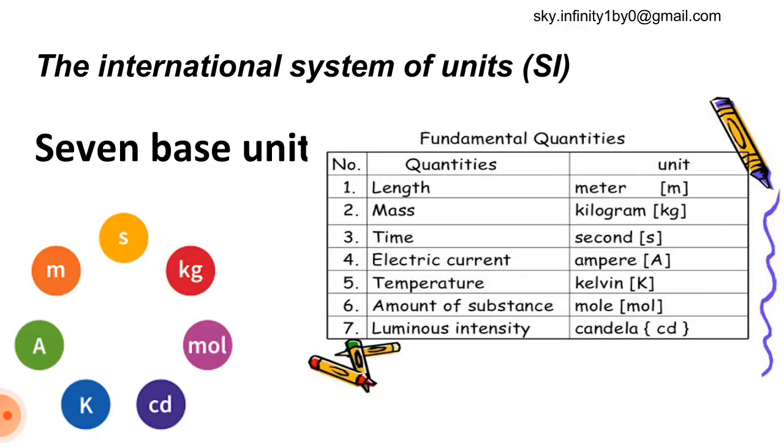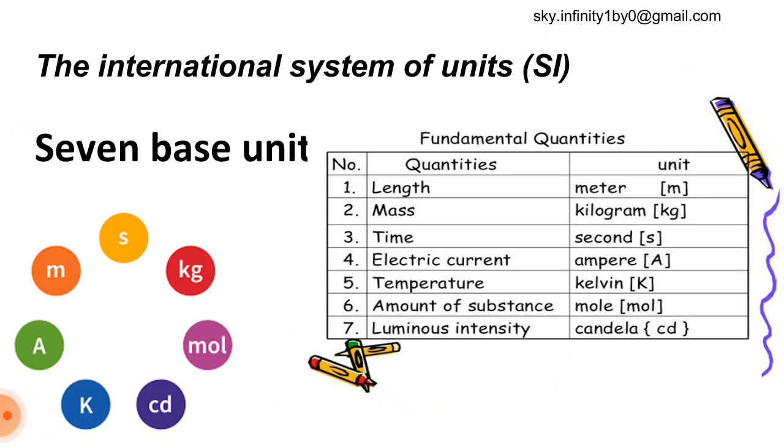The International System of Units has given us the 7 base units, and the fundamental base units, which are 7 in number, are meters for length, kilogram for mass, second for time, ampere for electric current, Kelvin for temperature, mole for the amount of substance, and candela for luminous intensity.